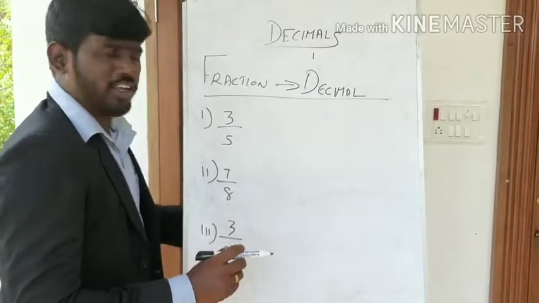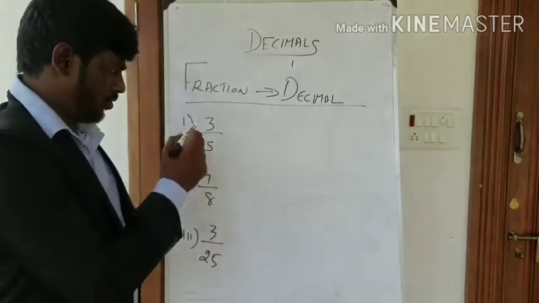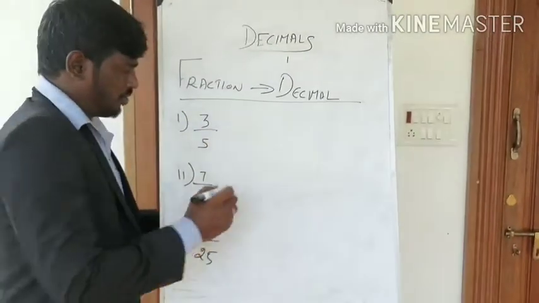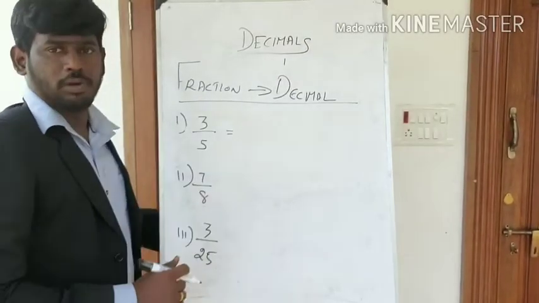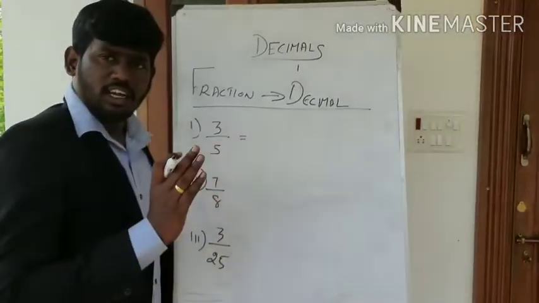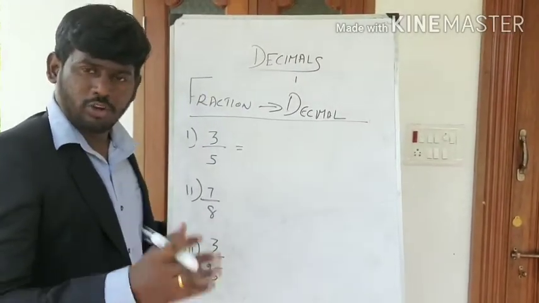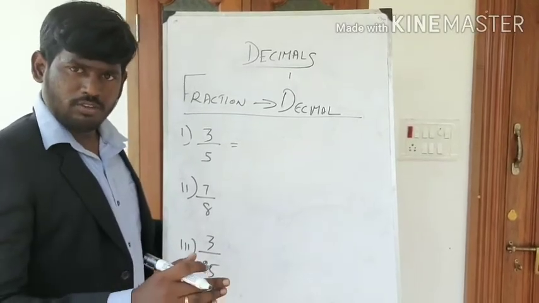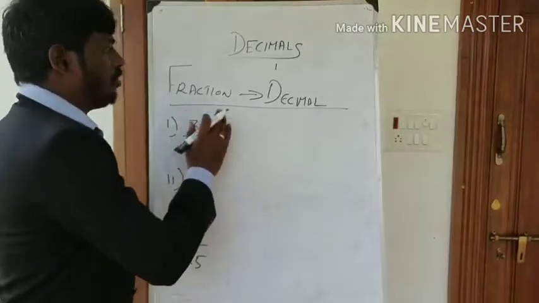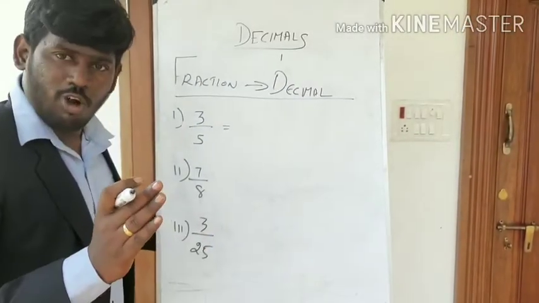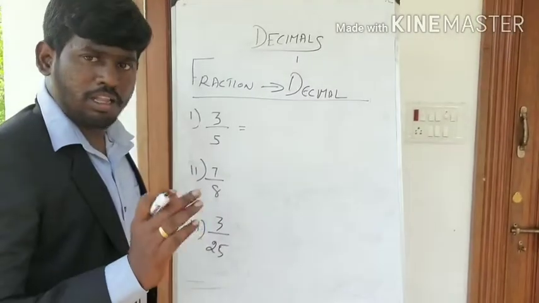So next I am going to teach fraction to decimal. 3 by 5. How can I convert this fraction into decimal? See, when you are converting fraction to decimal, your denominator should be 10, 100, 1000 or 10,000. Again I am saying, the denominator should be 10, 100, 1000.